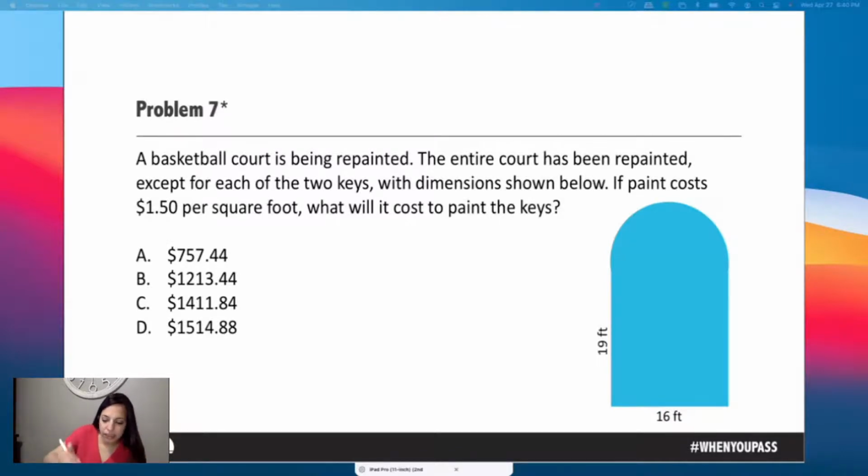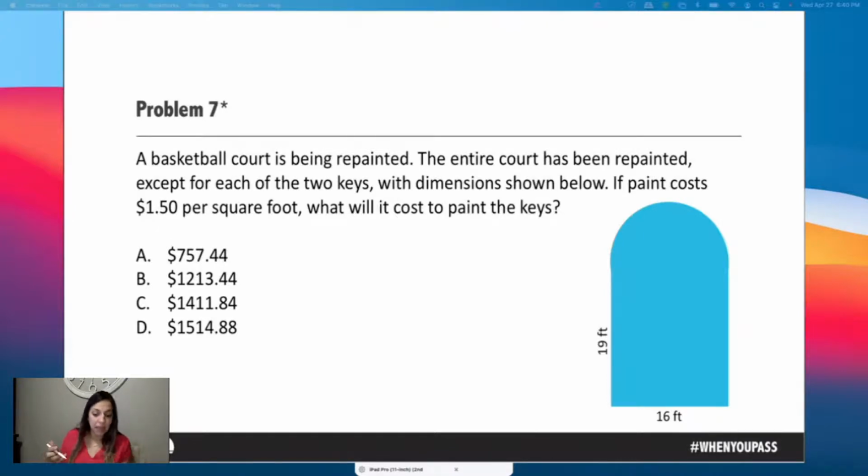Okay, so the keys are just those shapes under the goal where people can shoot free throws, like the free throw line would be here. So that's what your key is. And they've already repainted the whole thing, but they haven't repainted the keys yet. And they want to know what it's going to cost to paint the 2 keys.